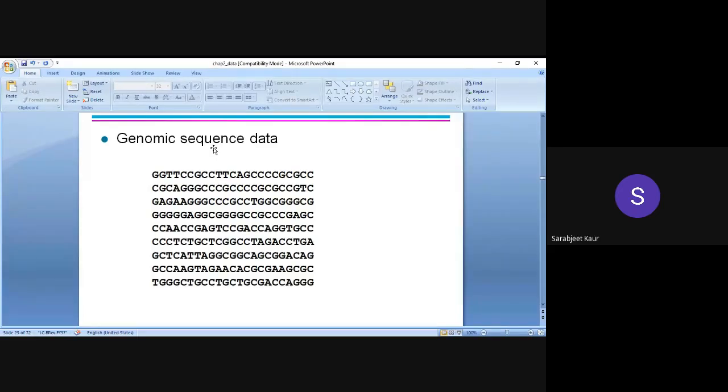Sequence mining is done in genomics data sometimes to find out which people have similar genomic sequences.